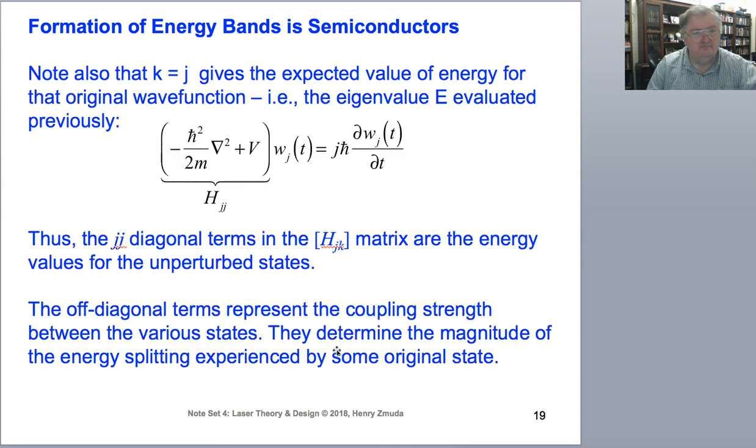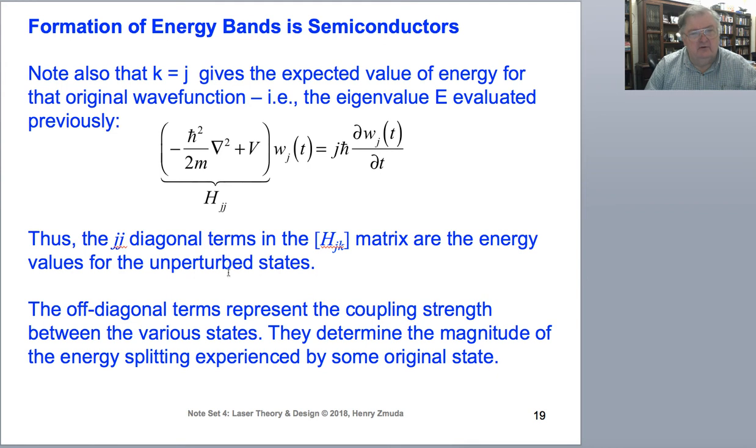Notice that when k equals j, you get the expected value of the energy for the original wave function. It reduces to the ordinary Schrödinger equation like the one we solved. So the diagonal terms, the jj terms of that H_jk matrix, are the energy values for the unperturbed states.